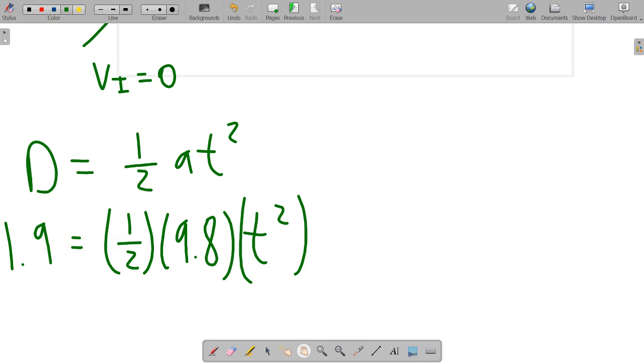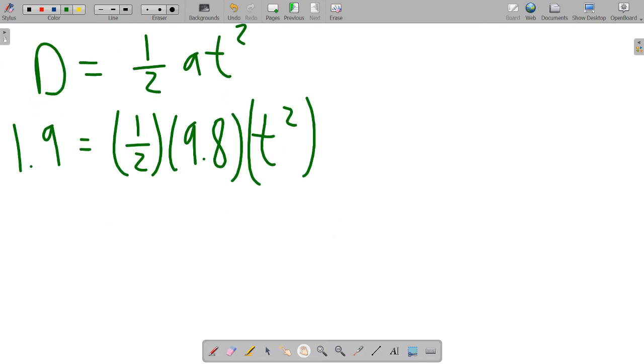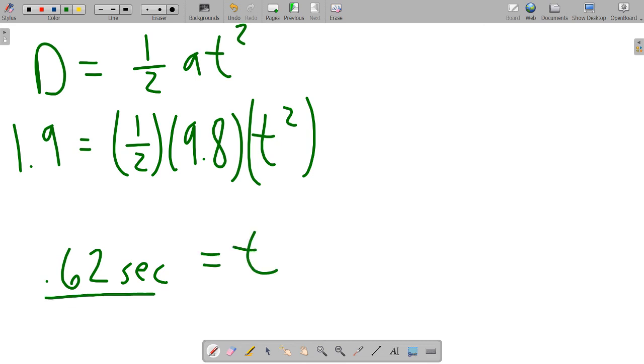I'm not going to go through the algebra here because by now you guys should know how to solve for t. Turns out when you work this out and solve for t, the time in free fall for the bullet is 0.62 seconds. Okay. So that's how long the bullet spends in the air in the y direction.